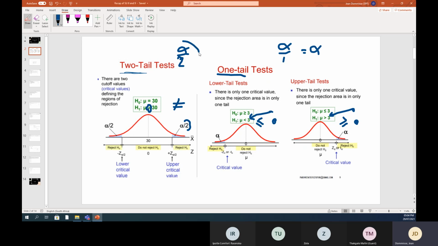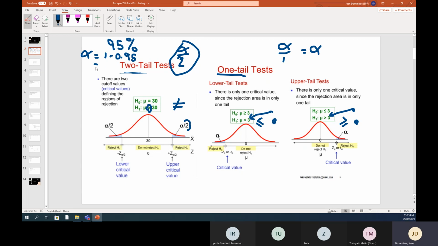And the place where we will use this is when they tell us in the hypothesis testing that we test at a 95%. So if I say we're testing at a 95%, we need to work out the alpha, and the alpha is basically 1 minus 0.95, which is 95%.